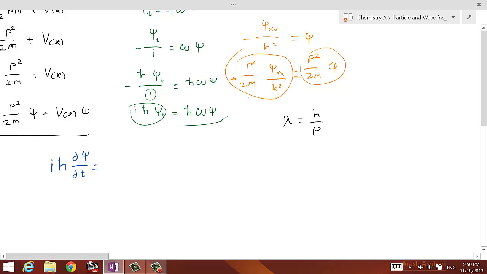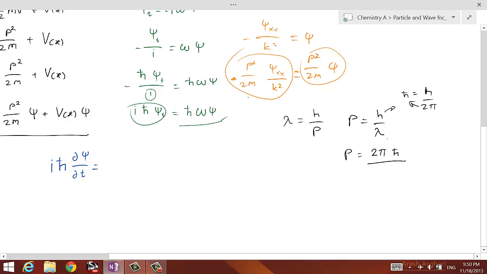I move this up and move this thing down: p equals h over lambda, right? But I don't want an h, I want an h bar instead. H bar is h over 2 pi, right? I move this thing up and you get h, so it's h bar over lambda with a 2 pi.